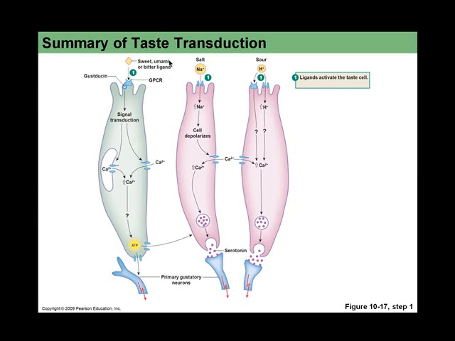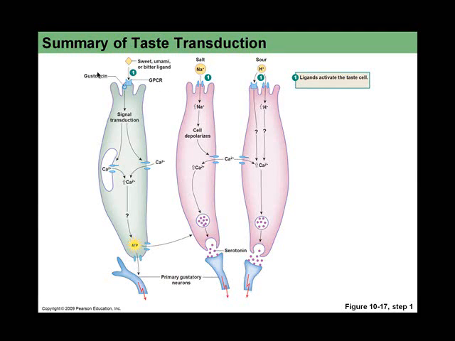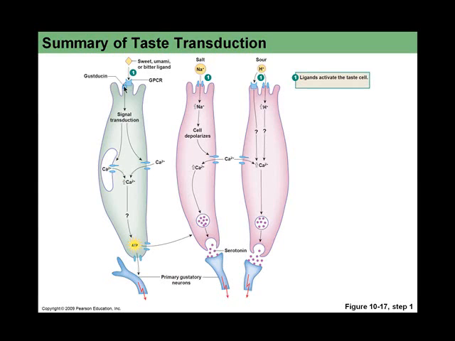So, for example, a sweet, umami or a bitter ligand will bind to the G protein coupled receptor, the GPCR. There is a special G protein called gustducin, obviously transducing the gustatory sensation into a cellular signal.